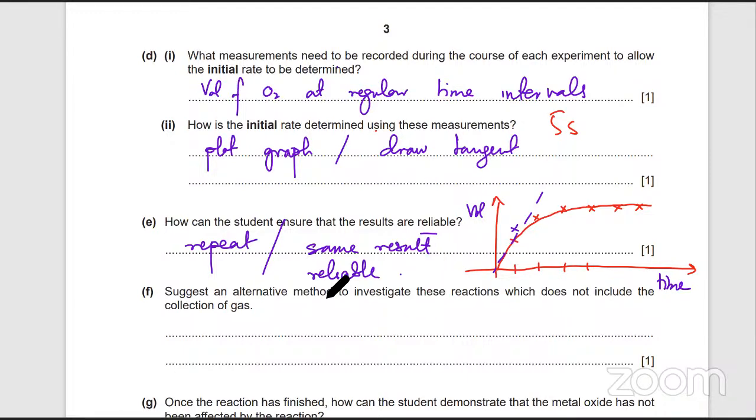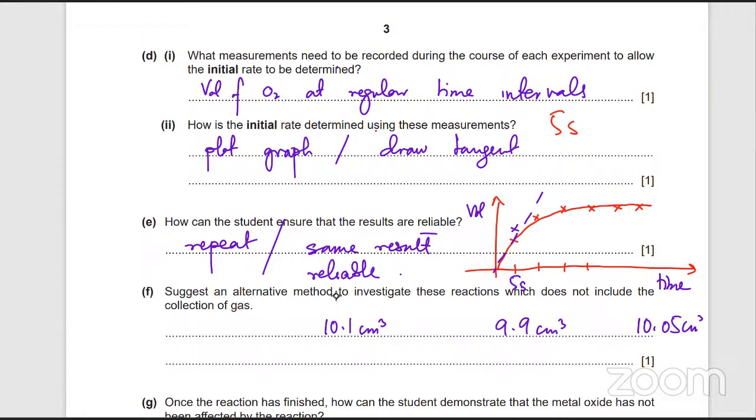Okay, so sir, when do you take the average? When do you use the word average? So you take the average to get close to the true value. Average means, let's say you have 3 points. Let's say in the first 5 seconds, in one experiment you got 10.1 cm³, in the other experiment you're getting 9.9 cm³, in the third experiment you're getting, let's say, 10.05 cm³, right?